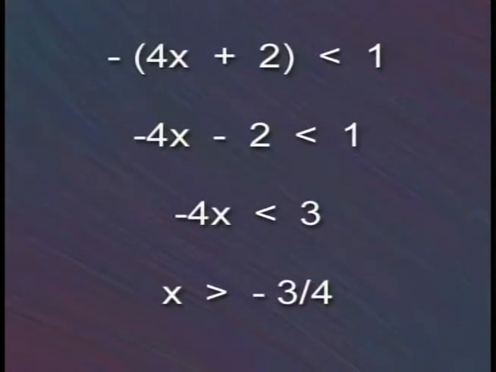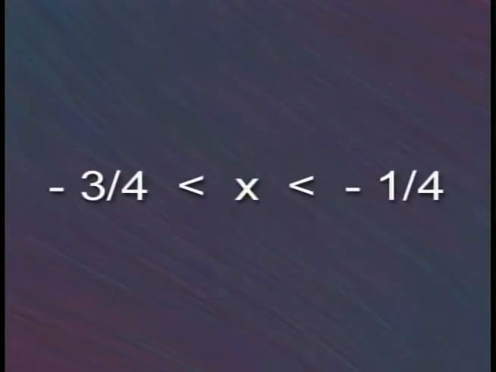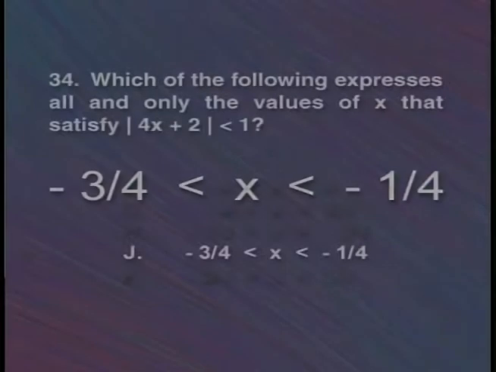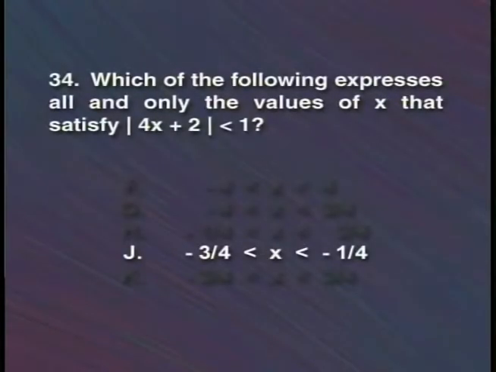Divide both sides by negative 4, and remember to reverse the sign of the inequality when dividing by a negative number. Thus, x is greater than negative 3/4. Putting both solutions together gives us the correct answer, J. The value of x is less than negative 1/4 and greater than negative 3/4.